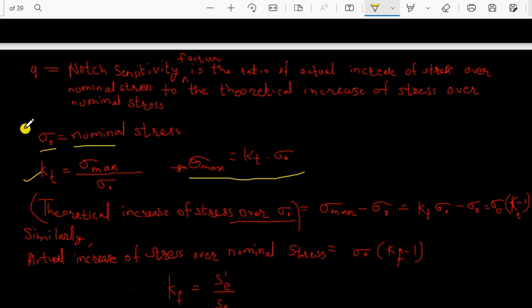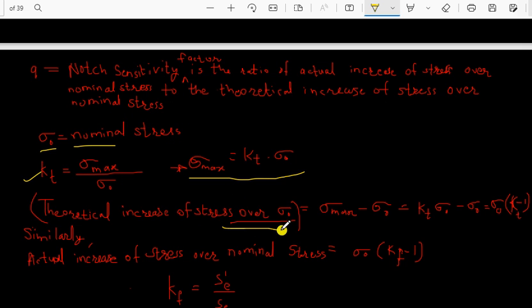Now our definition of notch sensitivity factor is the actual increase of stress over the nominal stress divided by the theoretical increase of stress over the nominal stress.